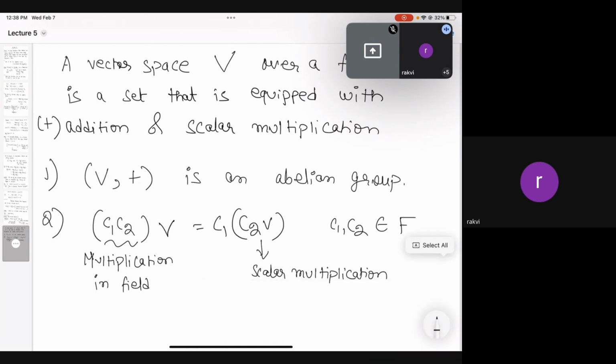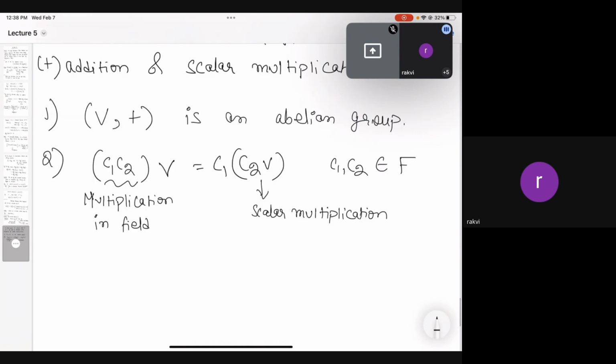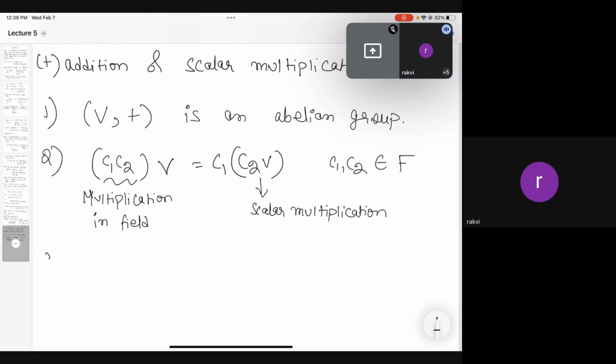In textbooks, usually you don't see too many notations, but it's understood that these are different operations taking place in different sets. So it's good to keep track of that. Scalar multiplication must have this. This can be seen as some version of associativity, because we don't want to keep track of brackets every time we multiply, as long as the order is not getting affected. So that's it.